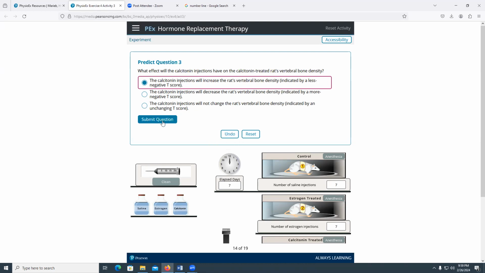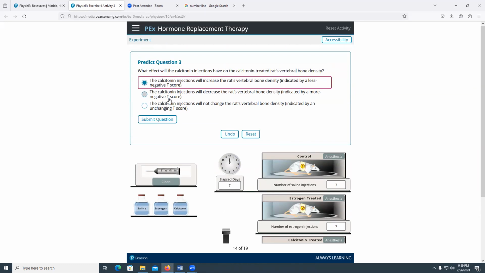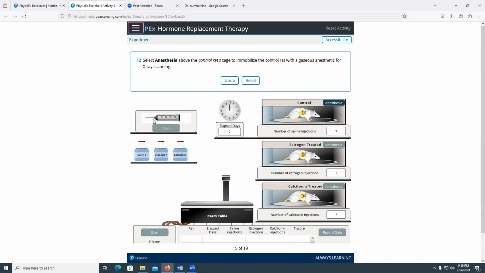The same thing that we will see with the estrogen, but obviously calcitonin is more influential and more effective in increasing the bone density.